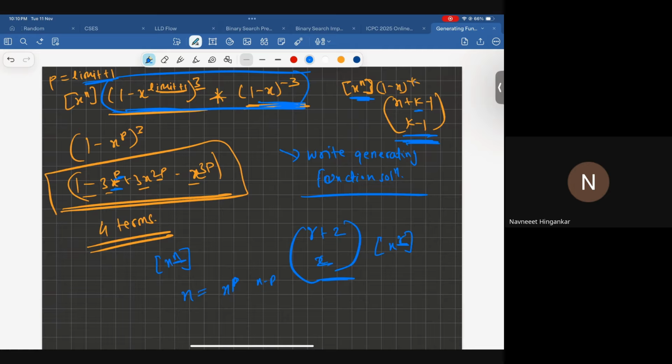Sorry, in place of r you just need to put this n minus p basically, and you will get the n minus p answer. Like there are various, the equation is big, you can just use Gemini to calculate this for you.